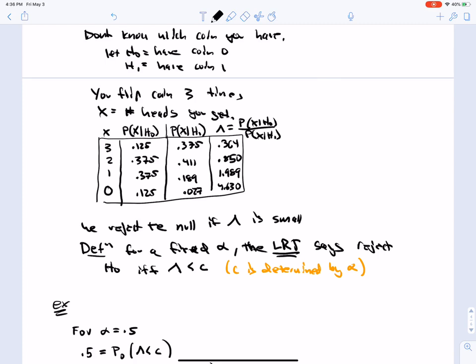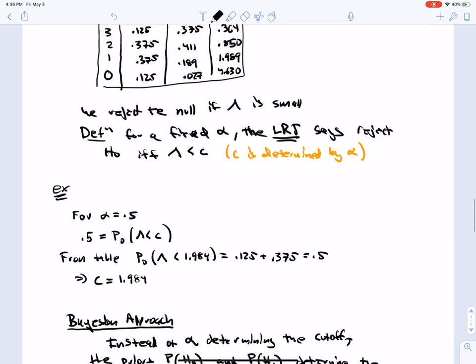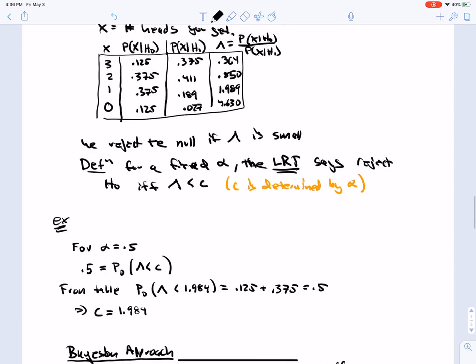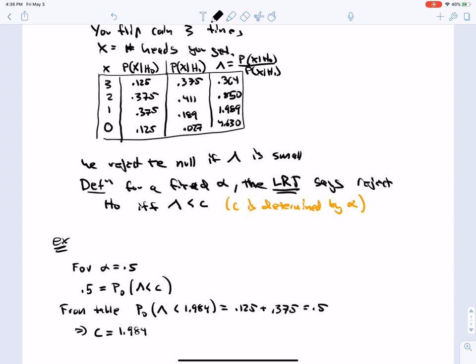Now, in the frequentist framework, c is determined directly by alpha. And so, for example, if alpha is 0.5, you see that c is 1.984. And so this gives you a cutoff, or a rejection region.